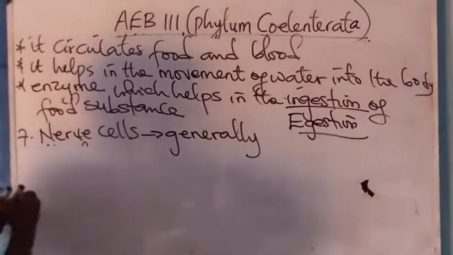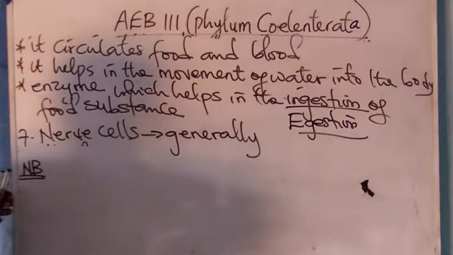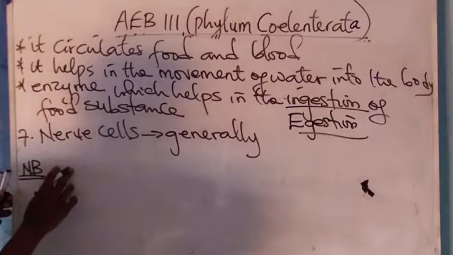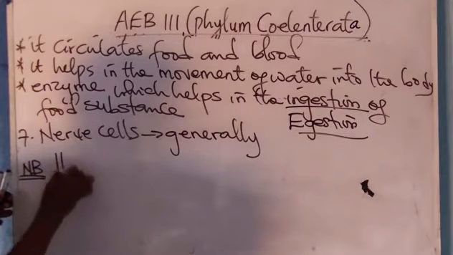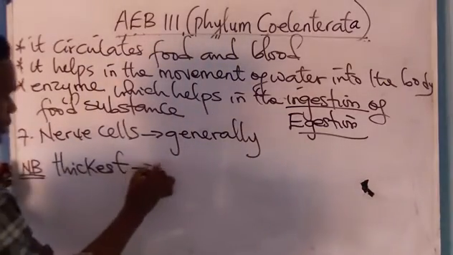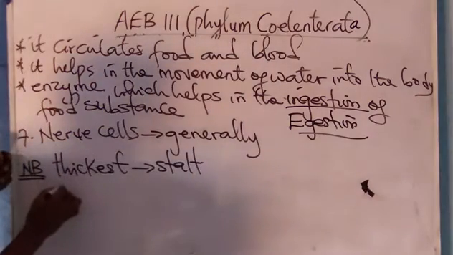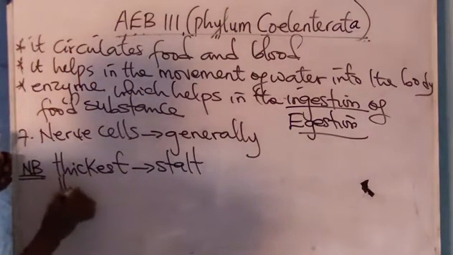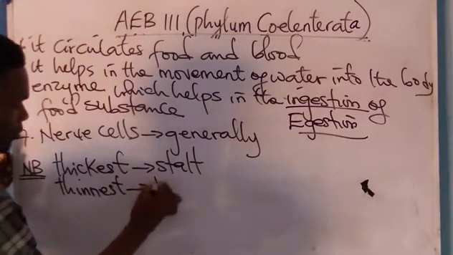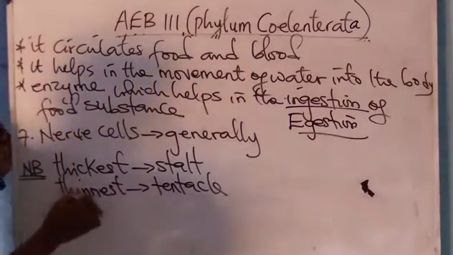Good. That reminds me, NB, take note. The thickest part of the flagella is found in the body stalk, while the thinnest is found on the tentacle.